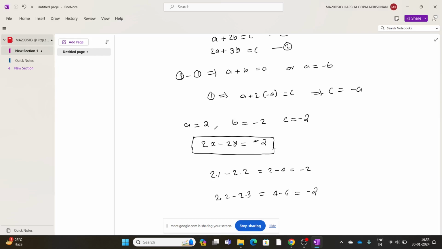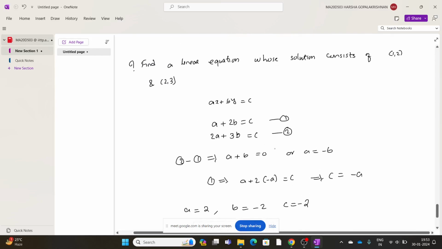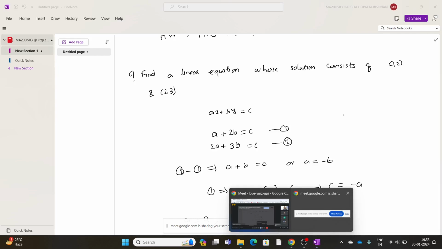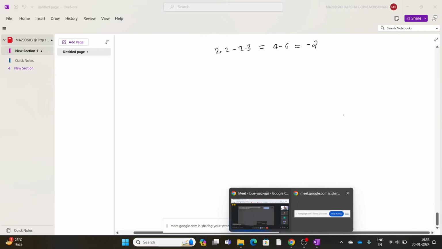These two points lie on one straight line. So if we are asked to find a linear equation whose solution consists of (1, 2) and (2, 3), what we are actually doing is finding the straight line which passes through (1, 2) and (2, 3). Correct? That is what we are doing geometrically.